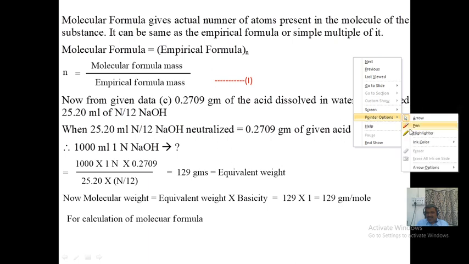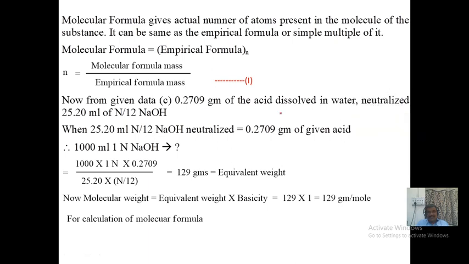Here you will find one equation that we will use later also. Molecular formula gives the actual number of atoms present in the molecule of a compound or substance. Sometimes empirical formula and molecular formula can be the same. Therefore, I can say molecular formula can be the same as the empirical formula or a simple multiple of it.